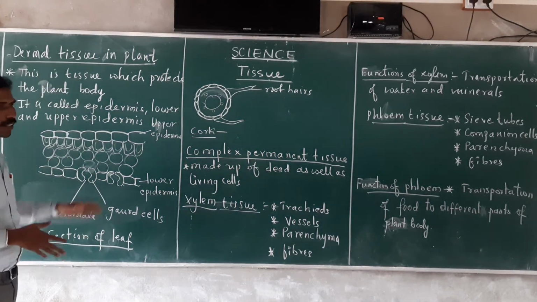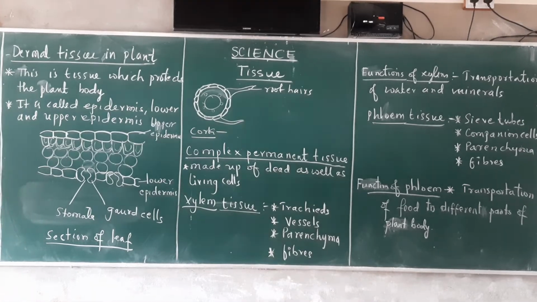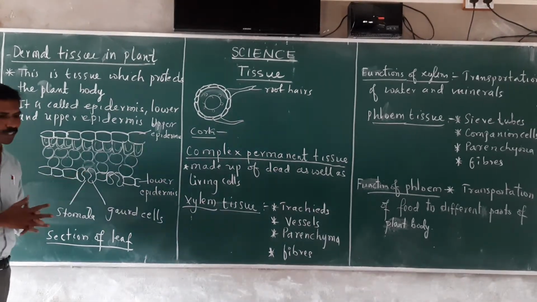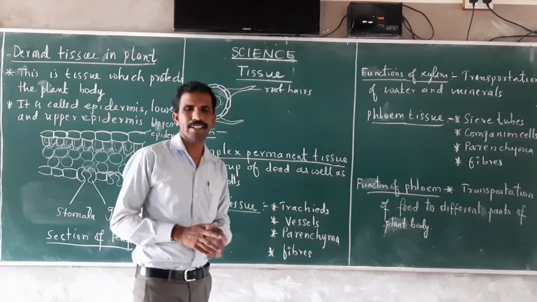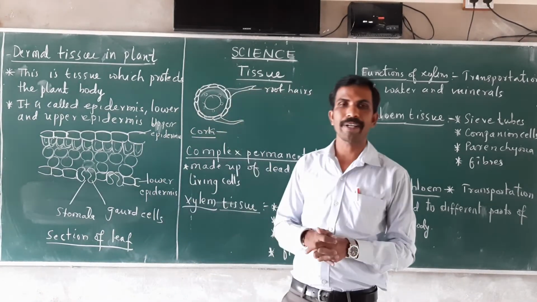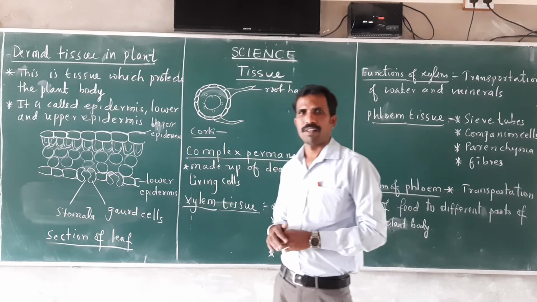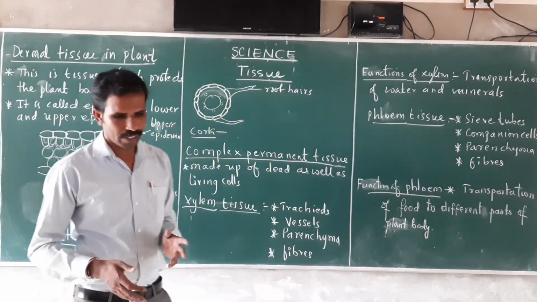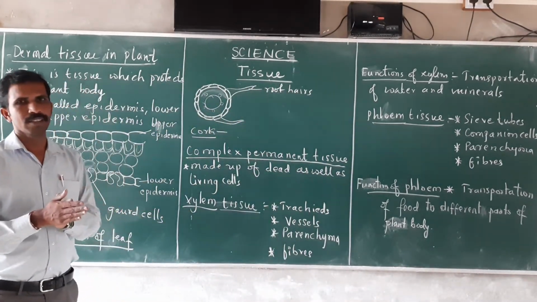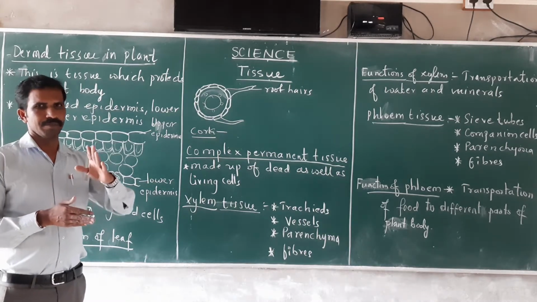Similarly, dermal tissue is one of the protective tissues of the plant body. Dermal tissue, we can commonly call it by one more name, that is epidermis. If you take the leaves, a leaf actually has two parts.